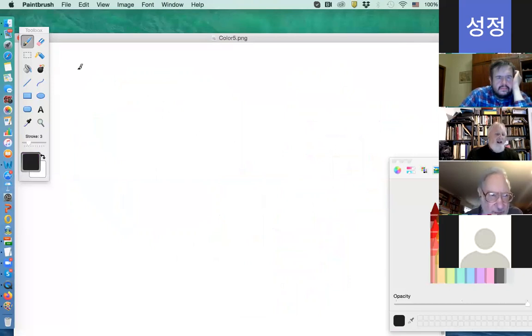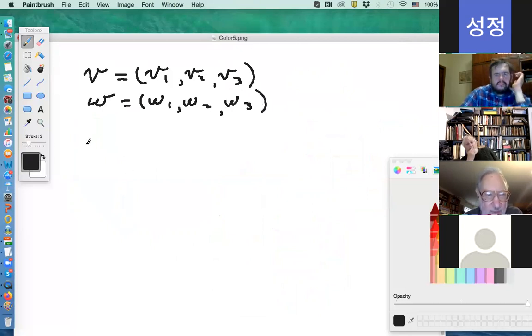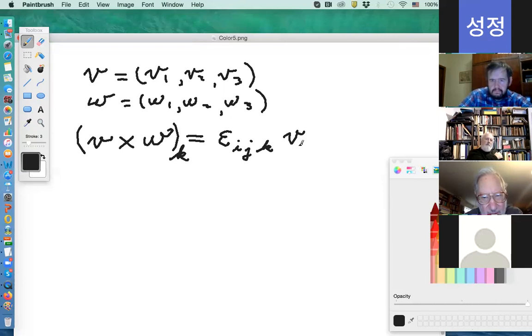The other thing is this, that if you have V, a vector in 3 space, and another vector W, then the formula for the vector cross product of these two is: the kth coordinate of the cross product is equal to epsilon ijk vi multiplied by vj, summed on i, j.